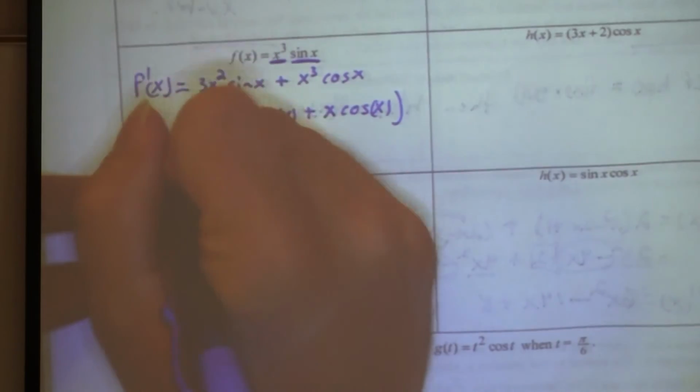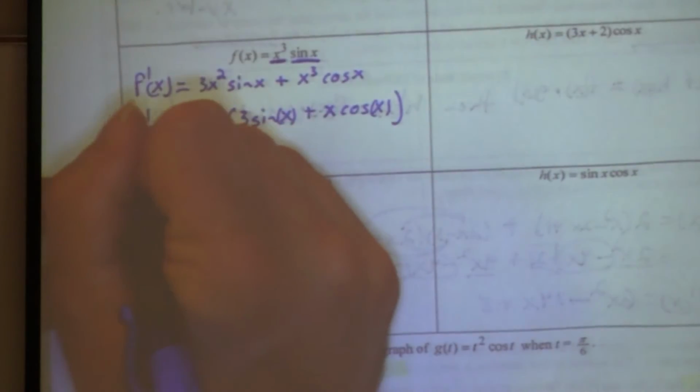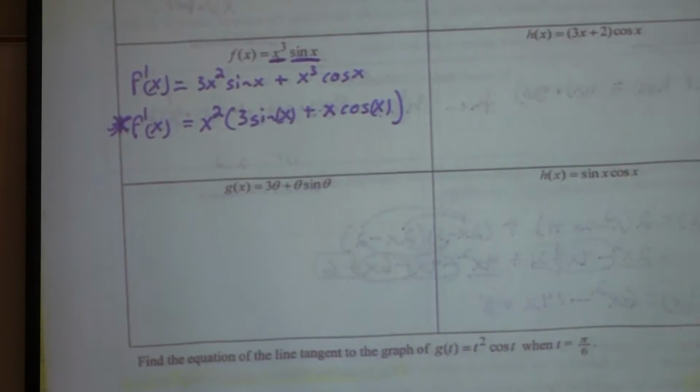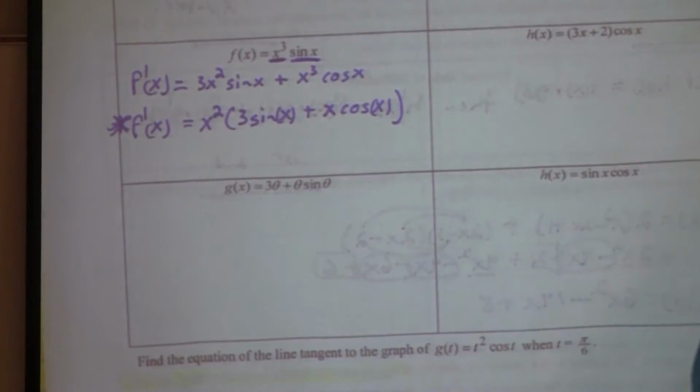So both of these are good answers, right? I'm just showing you different ways that the answer may be written on a multiple choice test, right? They might not give you the answer like this, they might give you the answer like this. You have to go from what you got to what's there. Good? Alright, let's check the next one.